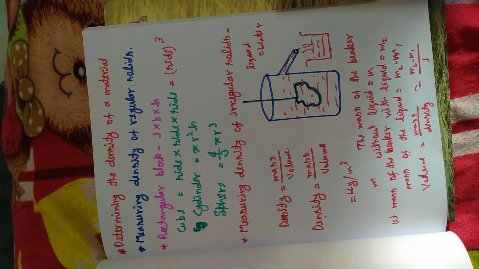Listen students, in this chapter we will provide you the following question types: choose the correct options, true and false, match the following, fill in the blanks, and give the reasons. In the previous chapter only long answer type questions are remaining.